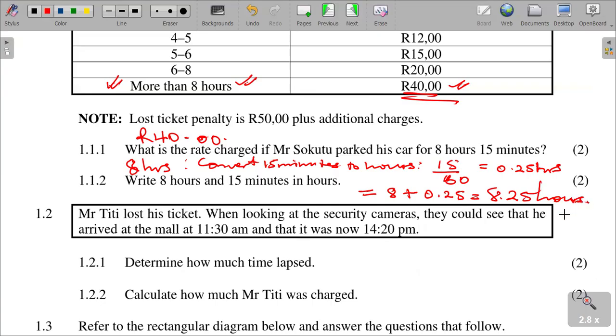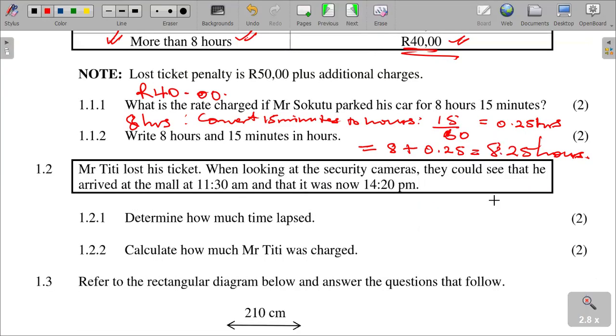Because the question is saying write 8 hours 15 minutes in hours, so it is converting 15 minutes to hours. Therefore you divide by 60 there, and then you get your answer, 8.25 hours.